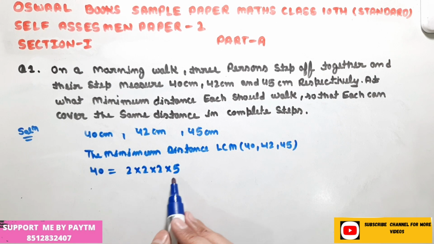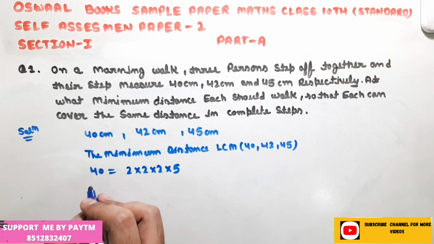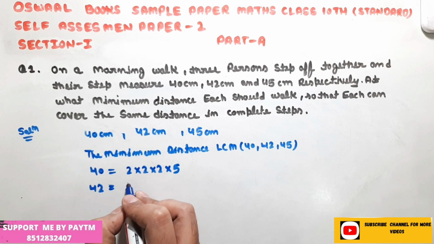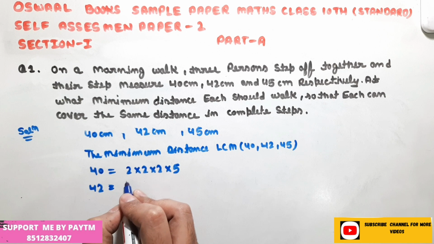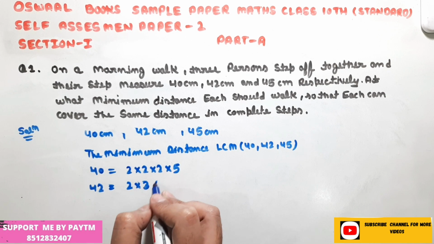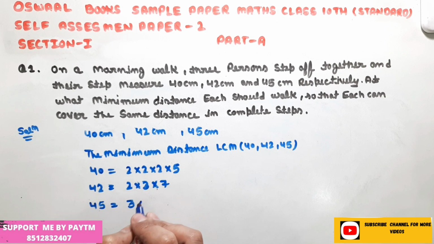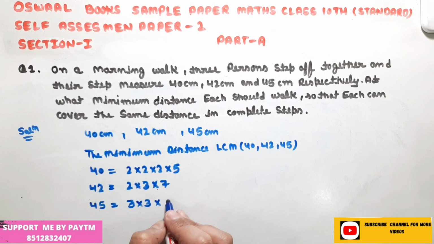This is the prime factorized form of 40. Then 42: 2 into 3 into 7. Now 45: 3 into 3 into 5.